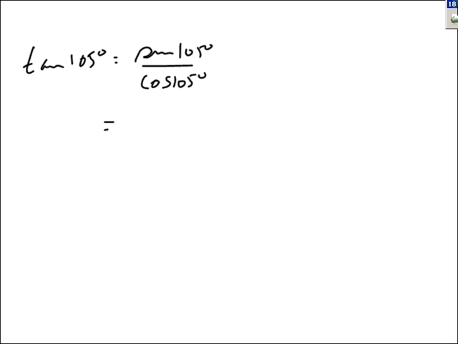Or if you prefer, and it's a bit longer, but you don't have to memorize additional rules, you could have said that the tangent of 105 degrees is the sine of 105 degrees divided by the cosine of 105 degrees. And the sine of 105 is the sine of 45 plus 60.